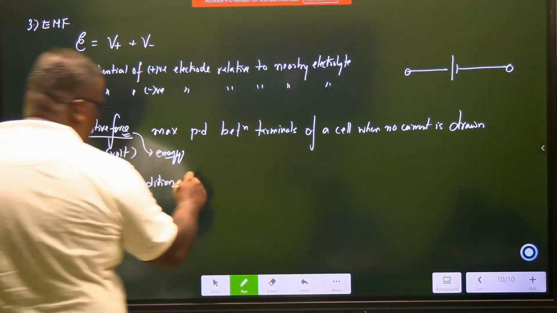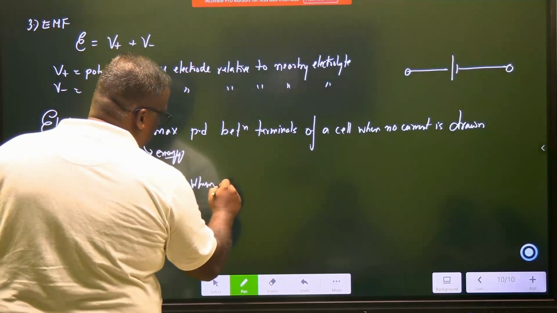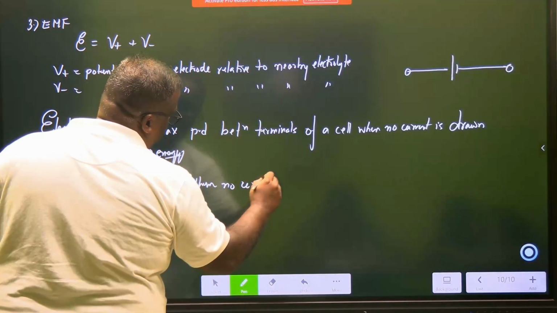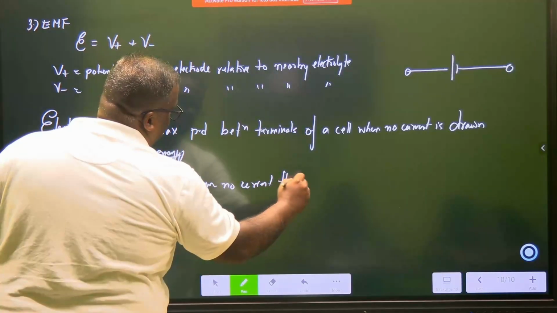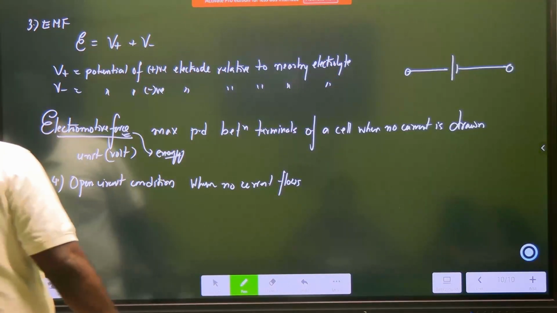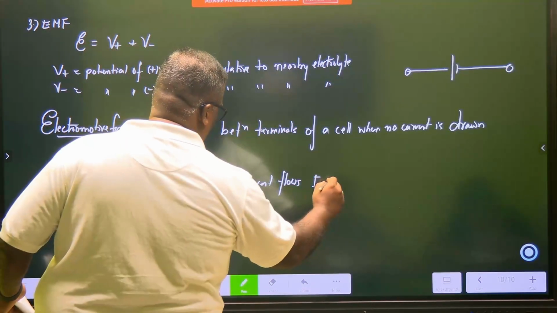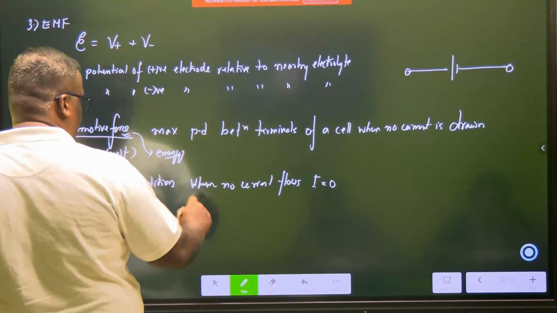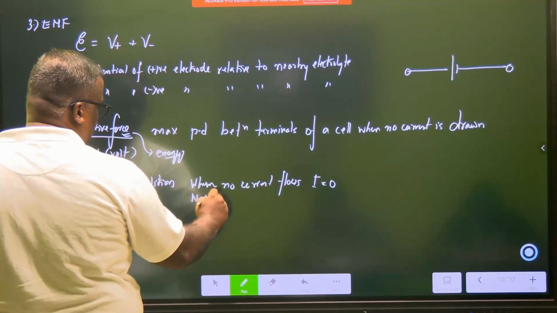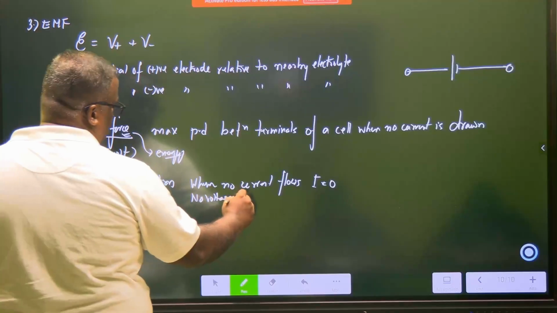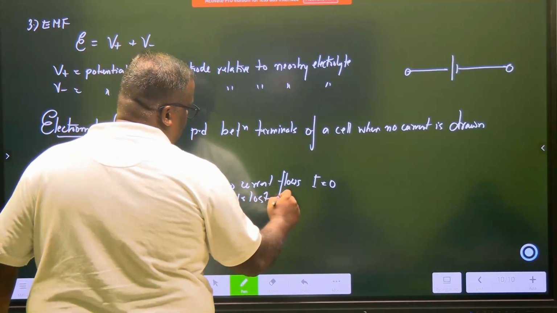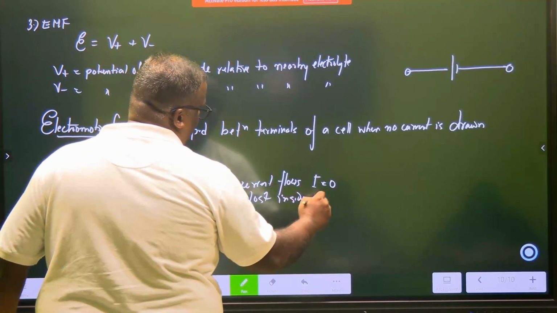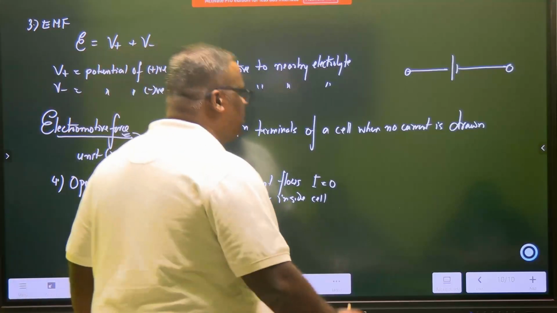So when no current flows, typically the one that I have shown on top, I is equal to 0, and we say no voltage is lost inside cell.